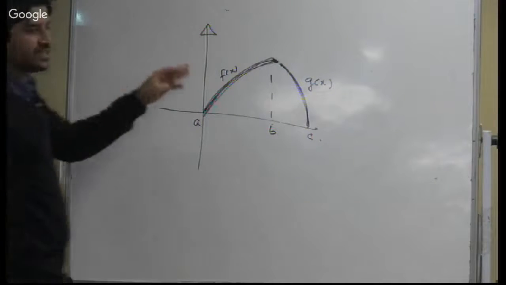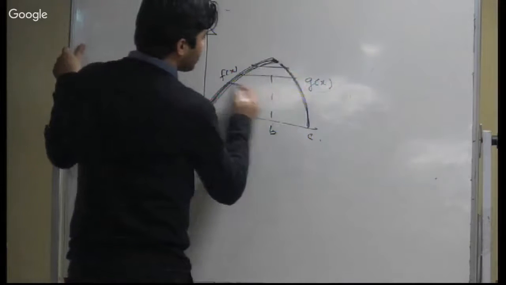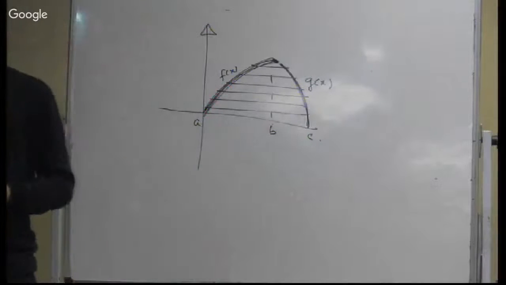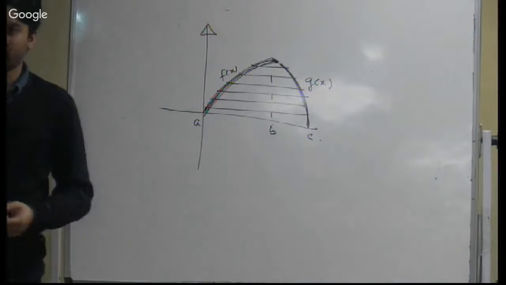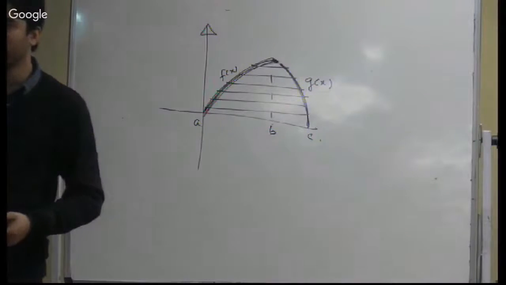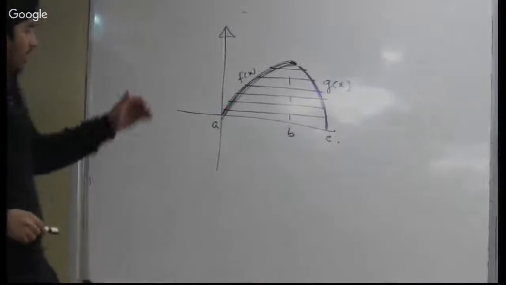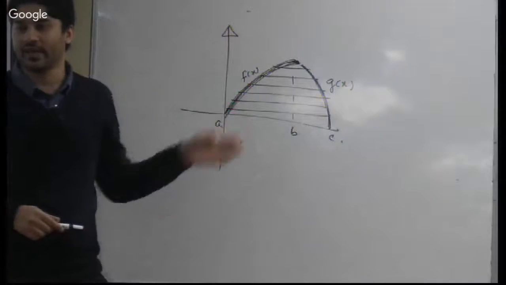So whenever I see this type of shapes, I always prefer to find the area this way, where you can draw the horizontal. In the last types we discussed, you were breaking the vertical rectangles, right? Now I'm asking you to break the horizontal rectangles. So what is the idea behind this?